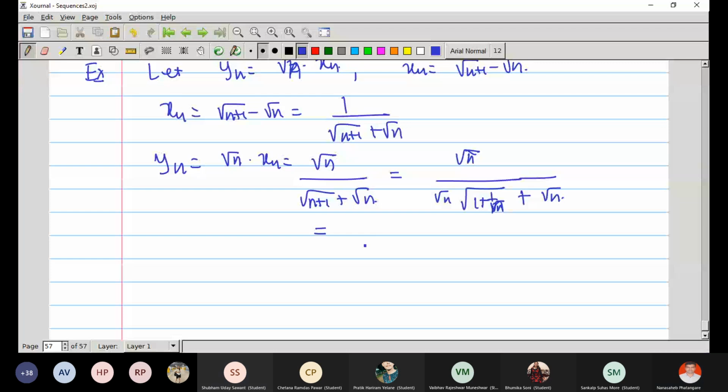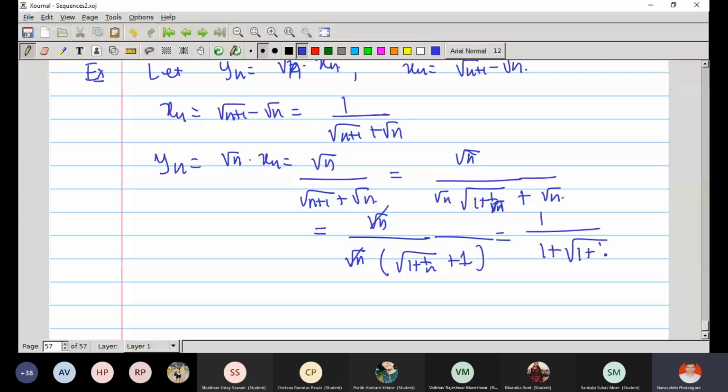So root n upon root n times (root of 1 plus 1 by n, plus 1). The root n gets cancelled, so what remains? 1 upon root of (1 plus 1 by n) plus 1. Now yn is simplified.